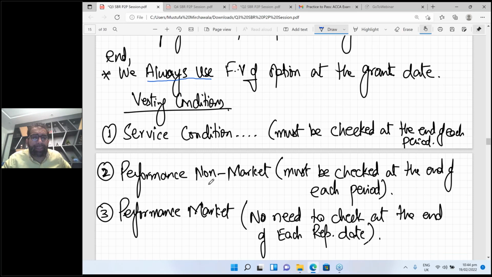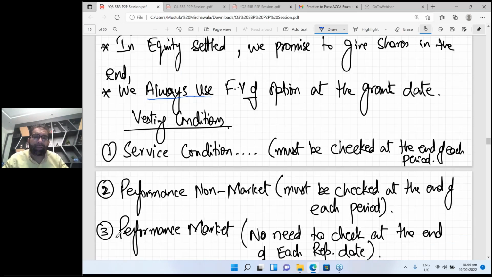Now the last and the different one, performance market condition. For example, you gave a target of share price to your employee.